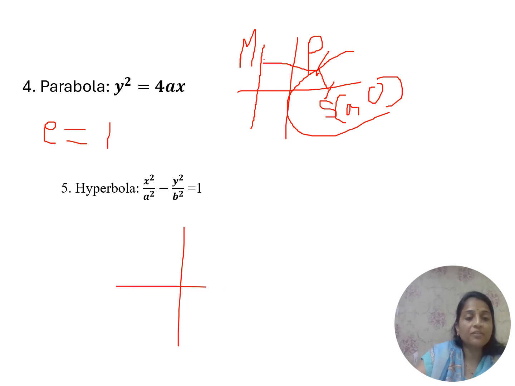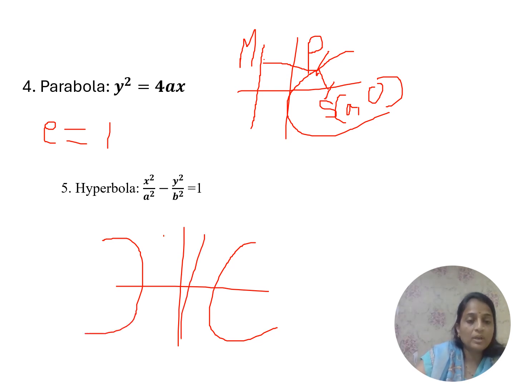The hyperbola equation is x squared upon a squared minus y squared upon b squared is equal to 1, known as a hyperbola. So a hyperbola is a figure of this type. Here also there are two foci, S and S dash.